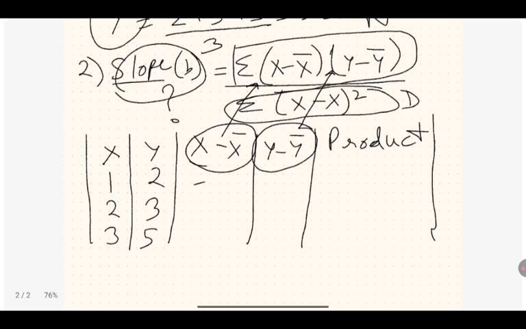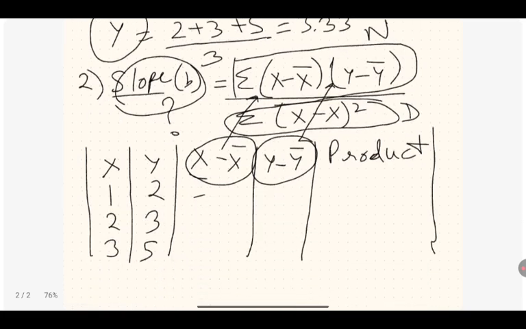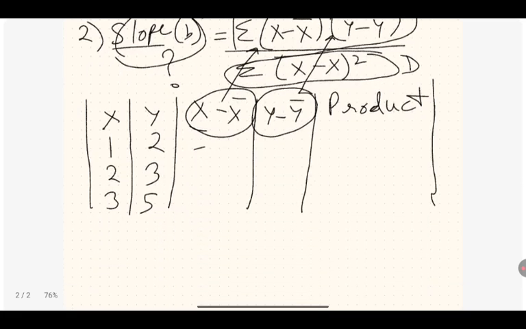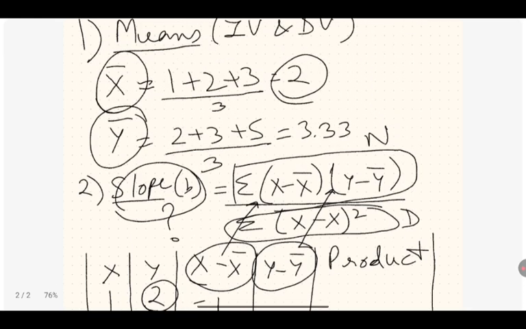So the mean, you see here, the mean x bar is 2, right? So 1 minus 2 is minus 1, then 2 minus 2 is 0, 3 minus 2 is 1. Similarly, y minus y bar, y is 2, y bar, the y mean is 3.33.